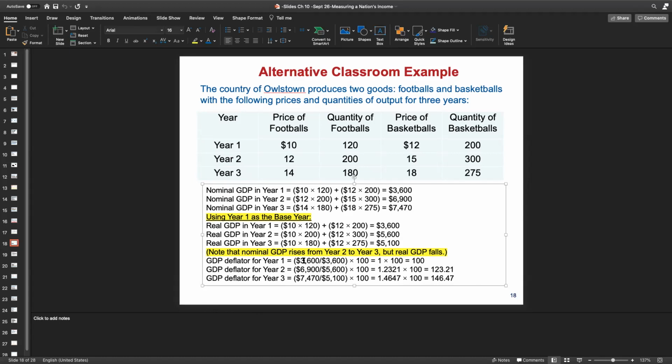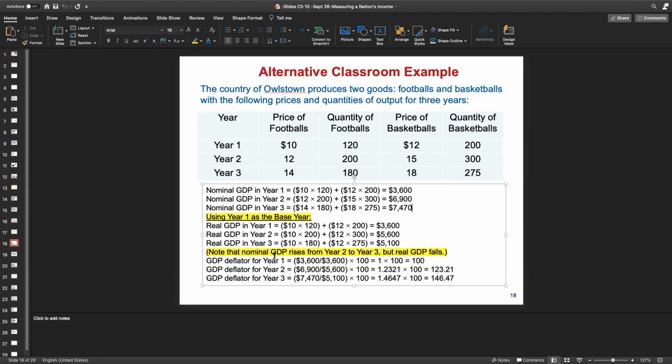Note that the nominal GDP rises from year 2 to year 3, but real GDP falls. So interestingly, this example shows that when you're using the price changes in different years, there was a change in the nominal GDP from 3,600 to 6,900, and that increased to $7,470 in year 3.